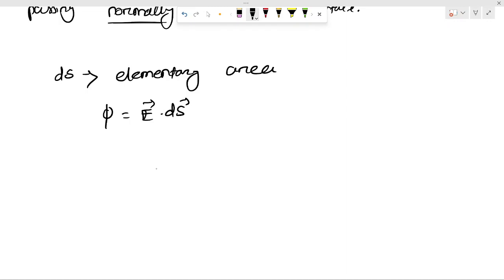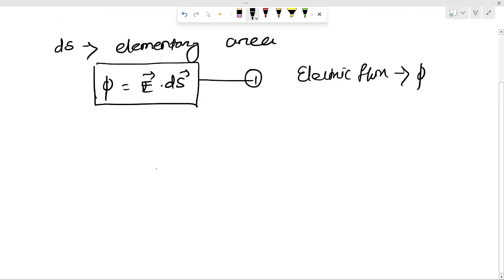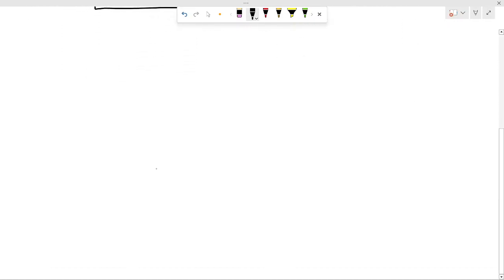Yes. Then I can write the flux phi is equal to E dot ds. Remember that I represent the electric flux by the symbol phi.